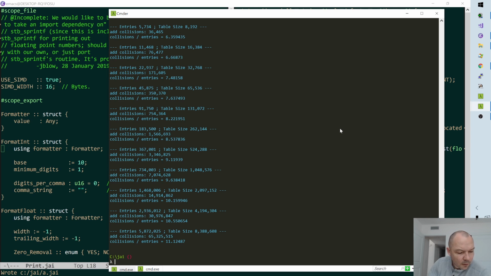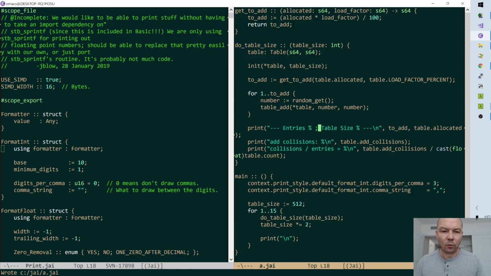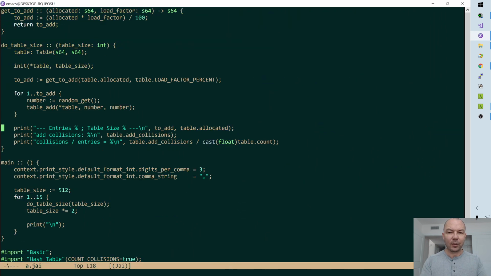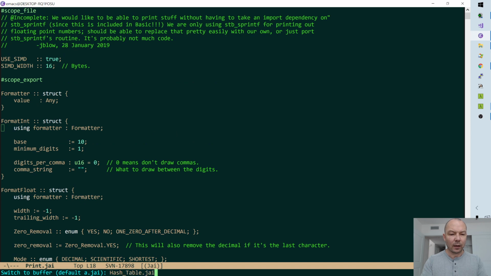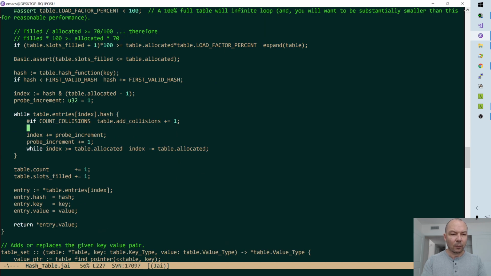All right. So hopefully that all makes sense for everybody. So now for our reprobe strategy, I'm going to make a little inline function that we can tweak. And initially, it's not going to do anything. Here's what we're going to do. Whoops. Go back to hash table. Probe increment. We're going to say initial probe increment of hash.